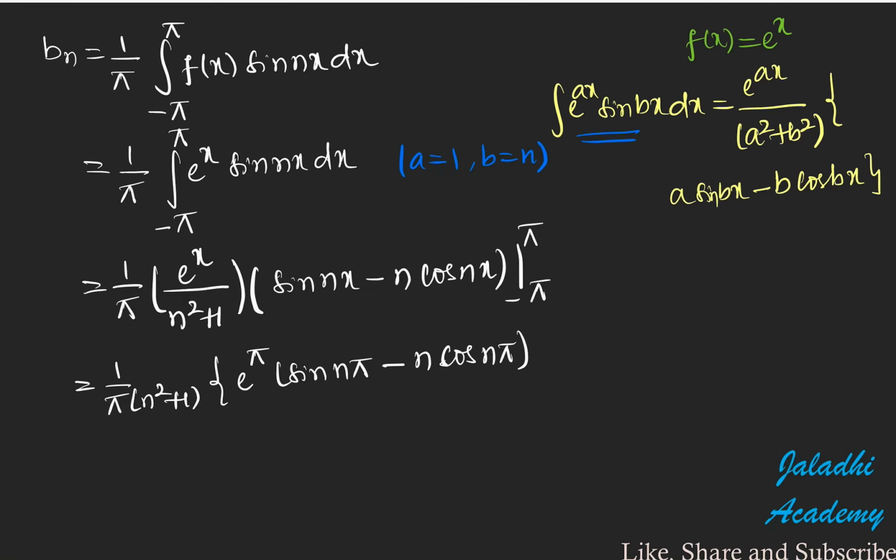Upper limit is completed, minus lower limit, replace x by minus pi, so e^(-pi) into sin n pi minus n times cos n pi.